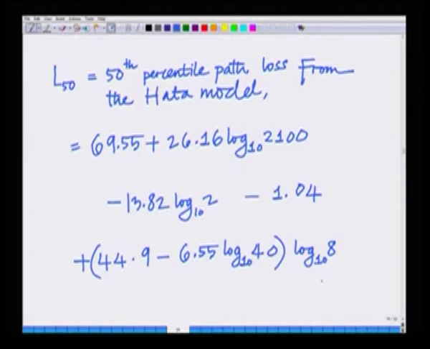So, this is essentially the net expression, and these different values can be simplified as follows.